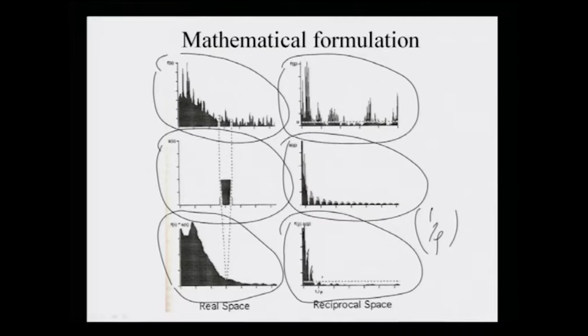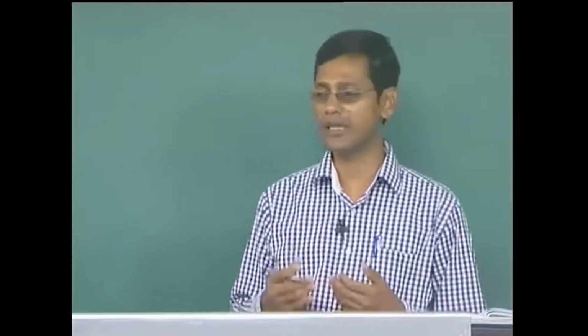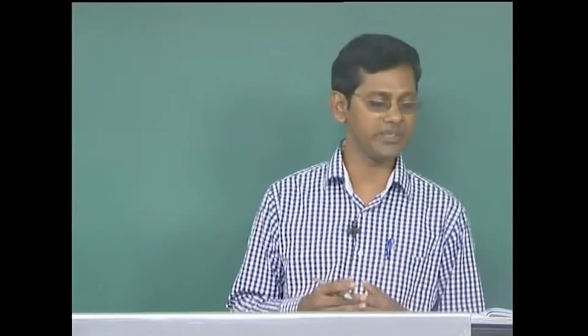Any spatial frequencies above this 1 by rho value, which is marked here, can no longer be transferred by the imaging device. So, this sets the resolution. This resolution can be easily compared with Rayleigh's definition of resolution, which I discussed in the class 2-3 classes before. So, this is, in a physical sense, the definition of the resolution of any machine.